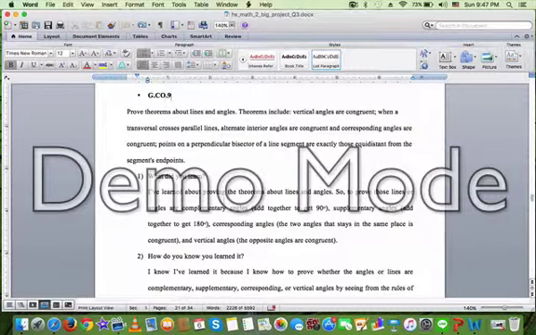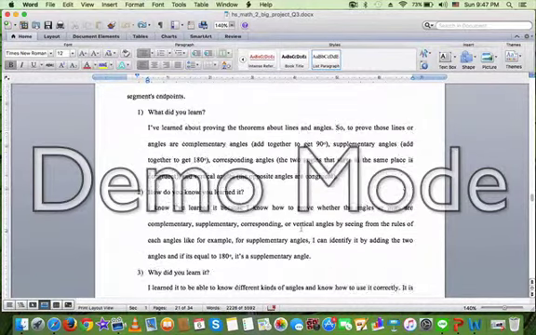And the Common Core standards I've learned in this quarter are about proving the theorems about lines and angles that I used, about the complementary, supplementary, corresponding angles, and vertical angles.